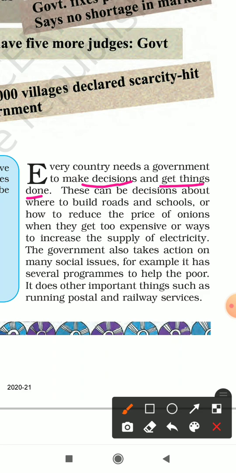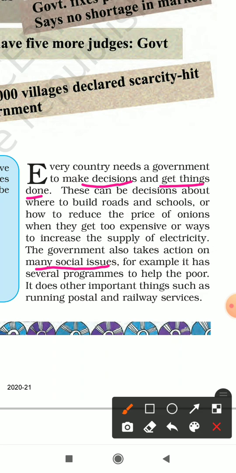These decisions can be about where to build roads, schools, hospitals, etc., or how to reduce the prices of simple things such as onions, carrots, potatoes, etc., especially when these things get too expensive, or ways to increase the supply of electricity, water, etc. The government also takes action on many social issues related to our society.